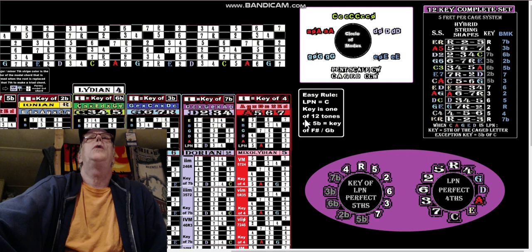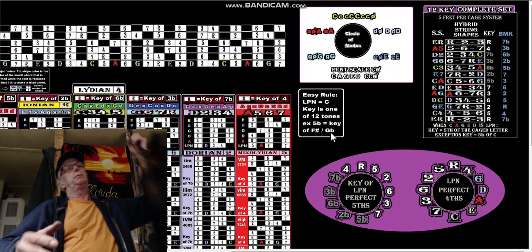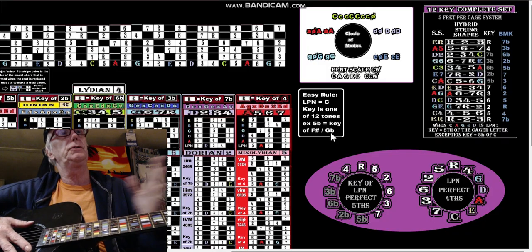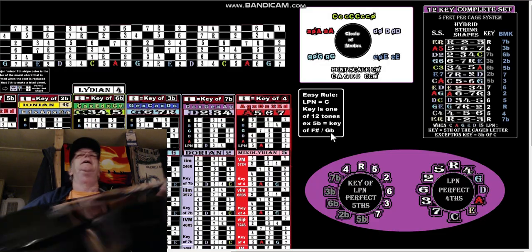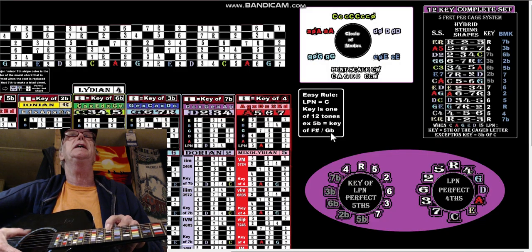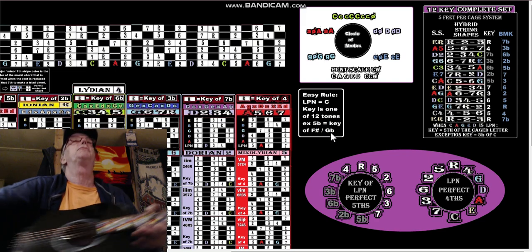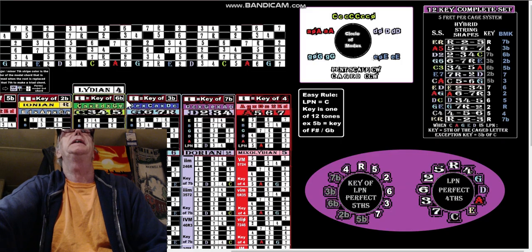The key is one of the 12 tones. Example, the key of 5 flat would be the key of G flat or F sharp if the LPN was C. That'd be like if a normally tuned guitar had the capo on the C note. If you put the capo on the C note, the LPN would be C. If you wanted to play in the key of G flat or F sharp from there, then you would find up here the key of 5 flat.